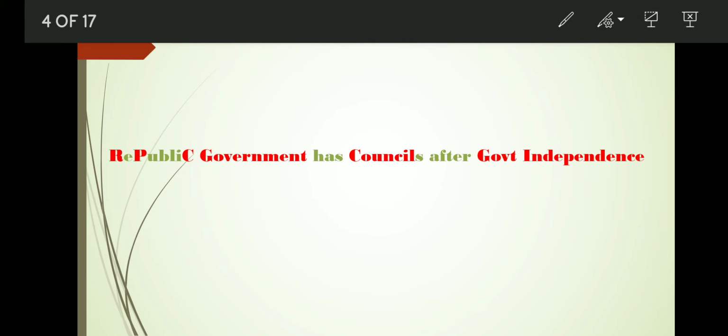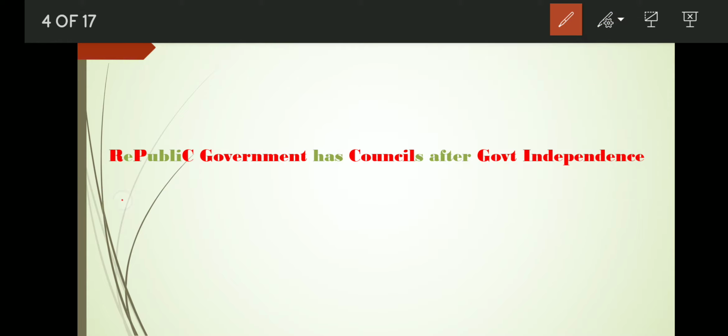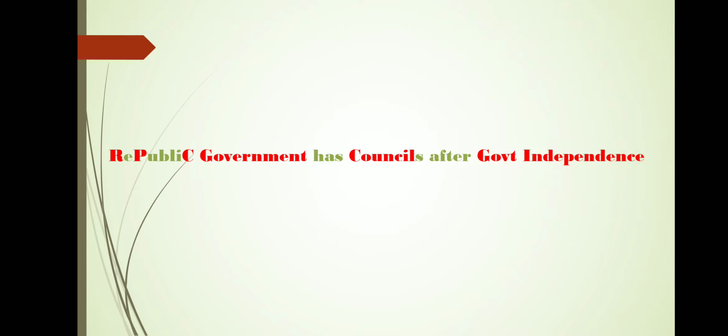Here I am giving one trick: Republic government has councils after government independence. The first letter is R, which gives the code for the Regulating Act of 1773.